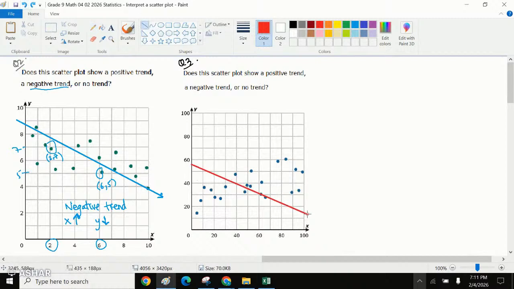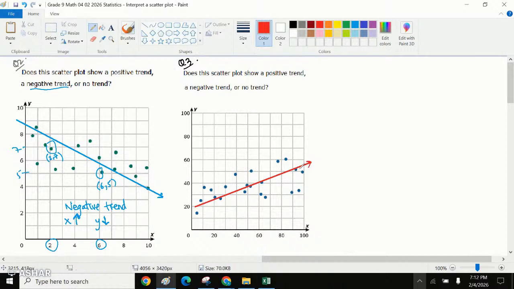Can I say this is the line? If I say this is the line, then these points are scattered very far away. The line is not passing through the points again, right? But if we draw a line something like this, in this direction, then the line is passing through the maximum number of points and it is in the direction of the points.